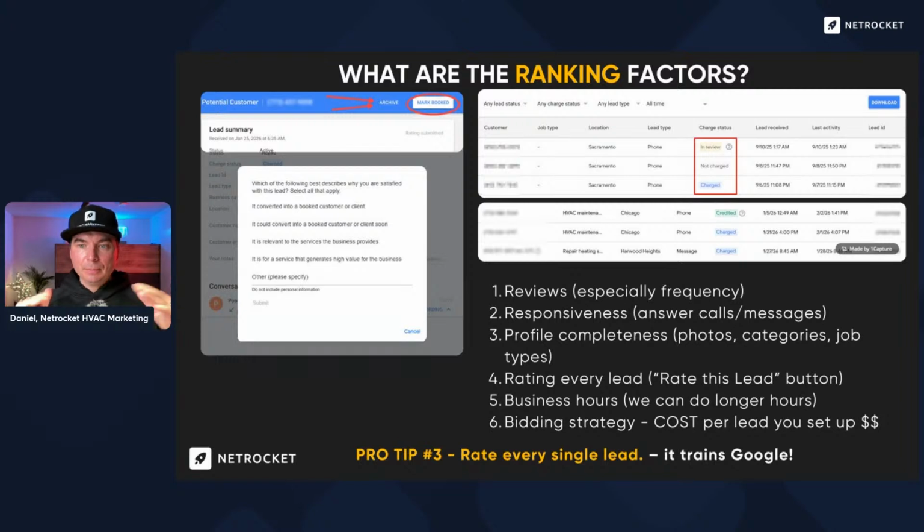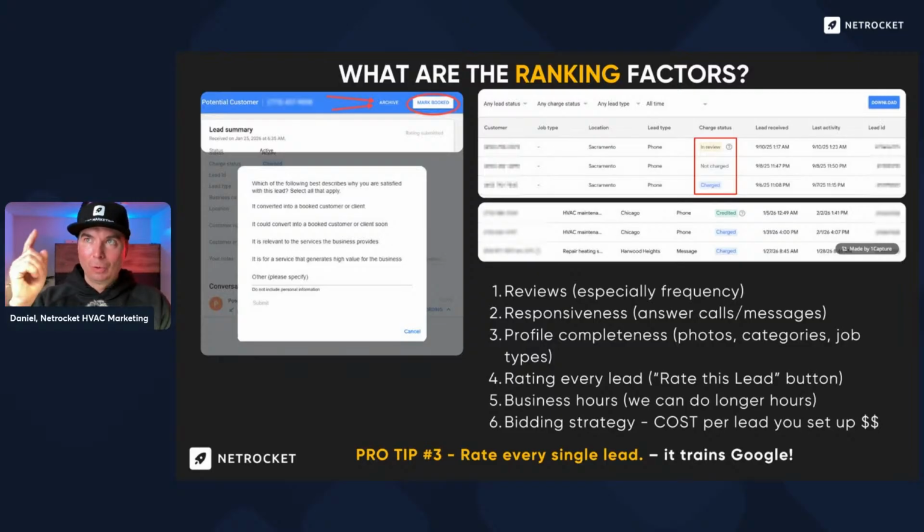Then responsiveness. Sorry about that. Answering the calls. I was already talking about how we have to be very responsive. Google sends us leads, and Google wants us to close those deals. They want to connect us with clients.